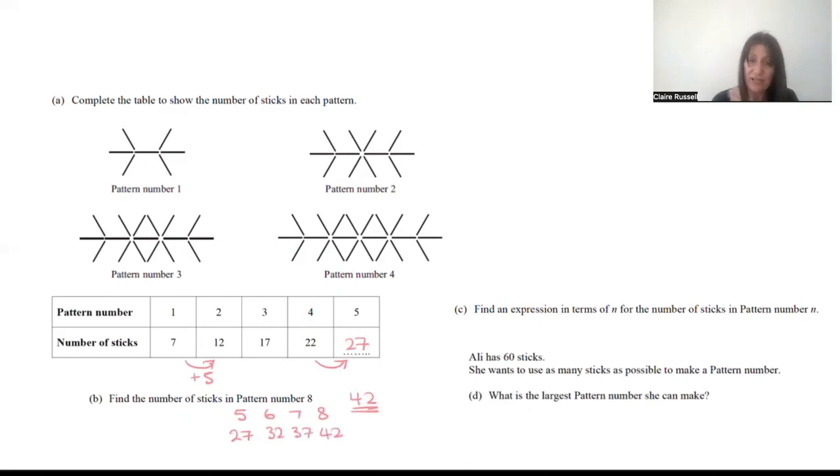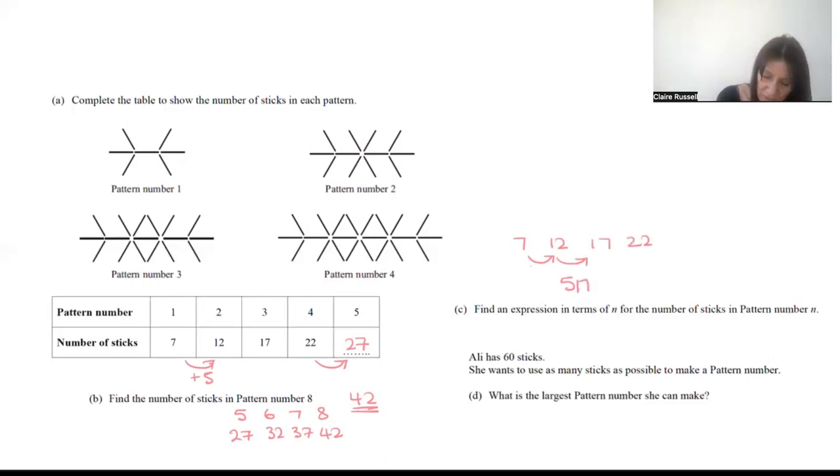Then you're asked to find the nth term. So go back to the table, go back to the very first one. I'm going to rewrite them over here so it's easy to see. And then just take a look. What does it go up in? It goes up 5 each time. We've already worked that out in order to answer the other questions anyway. That is what we put our n next to.